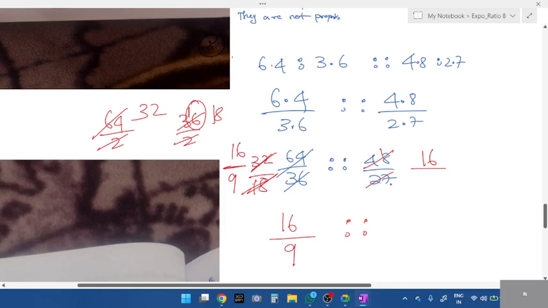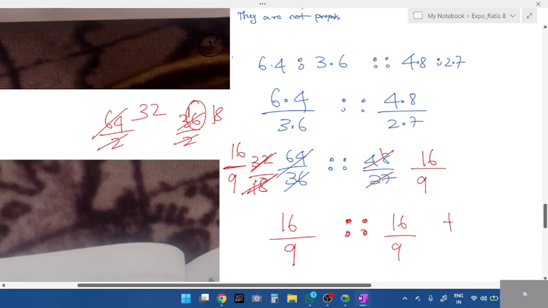What about 27? 27. 3 nines are 27. Is the value same? All of you got this? Response, students. 16 by 9.